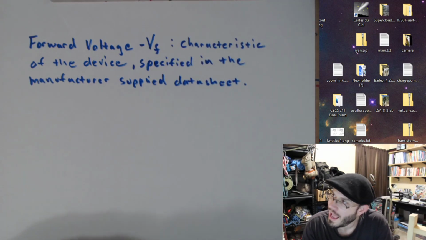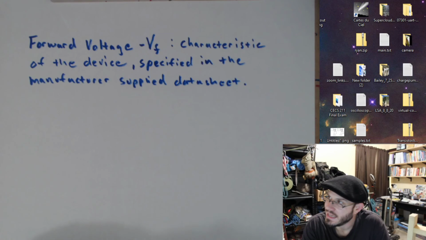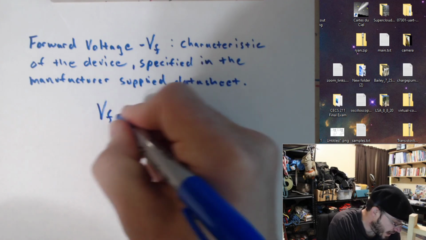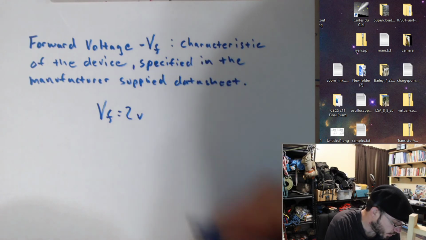So let's take an example where our forward voltage is 2 volts. So I'm going to say V sub F is equal to 2 volts.